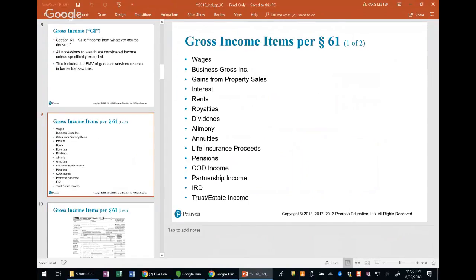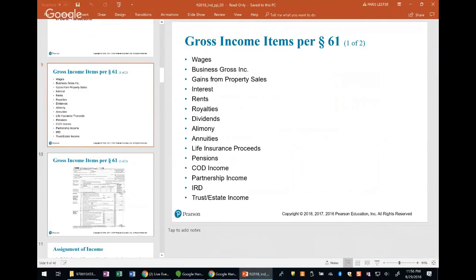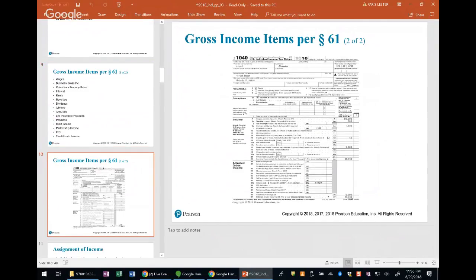Now, this is where we got up to the other day, and we kept looking at these income items. And we need to look at these in a little more detail than we did in the other chapter. And all your income goes on the front of the 1040. All your income from any source.